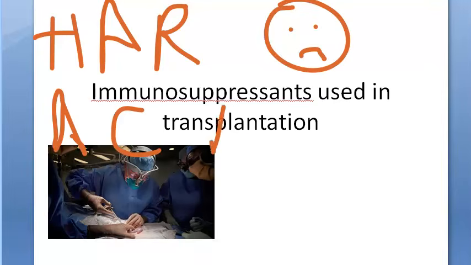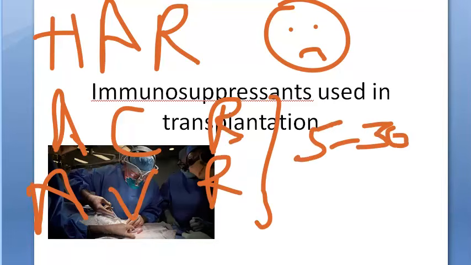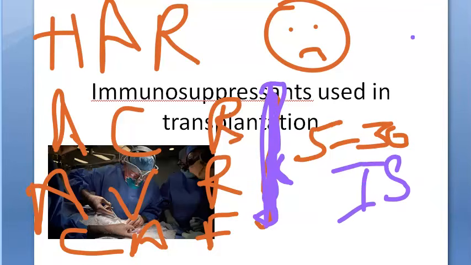Acute cellular rejection and acute vascular rejection occur around 5 to 30 days, and then you have chronic allograft failure. The rejections that immunosuppressants try to prevent are these two, acute cellular and acute vascular rejection.